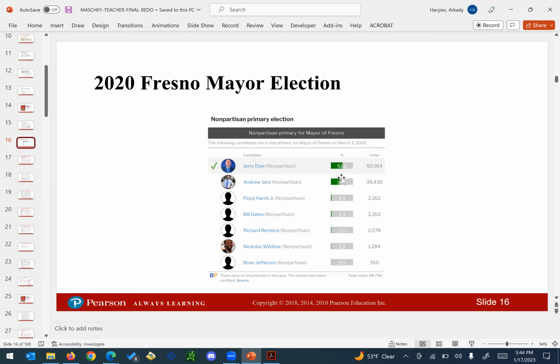So what happened here is there was no runoff election. Plurality vote won. He actually won the majority. And so in November, there was no election for him. He was already considered the mayor-elect. If he would have had 49%, then there would have been a runoff election in November. So that's exactly why we do preliminary elections or primary elections in March or April, depending on when the state does it. And then you have your runoff election in November, because we are using the plurality vote.